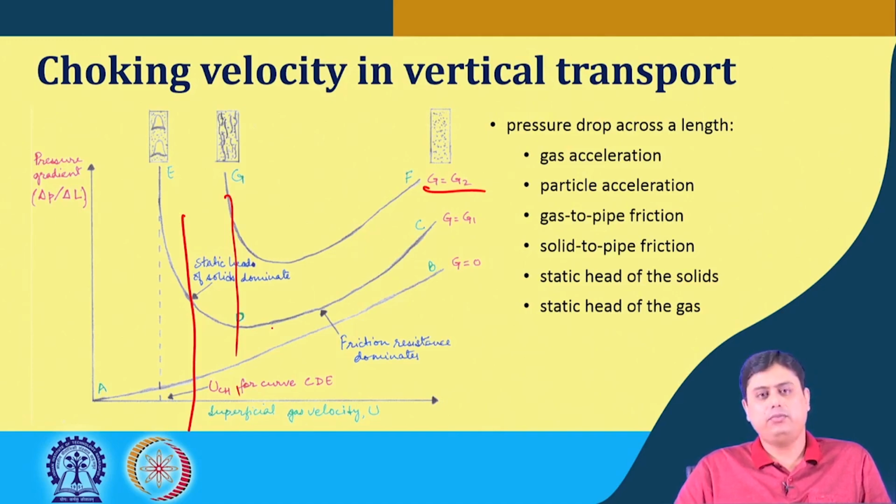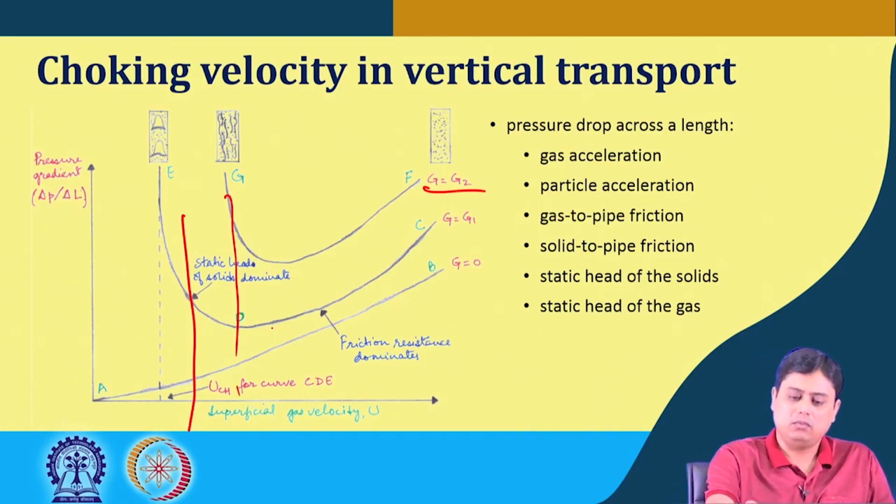One is that if we fix the solids loading and decrease the velocity, we can arrive at choking velocity, or for a particular superficial gas velocity, if we increase the solids concentration, then also we can arrive at the choking velocity.